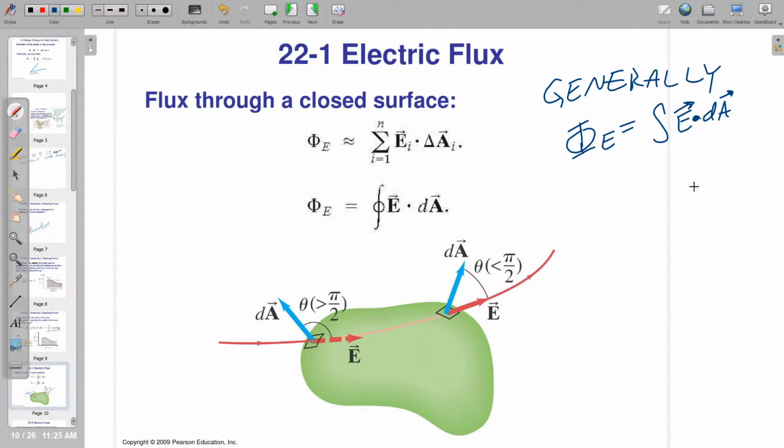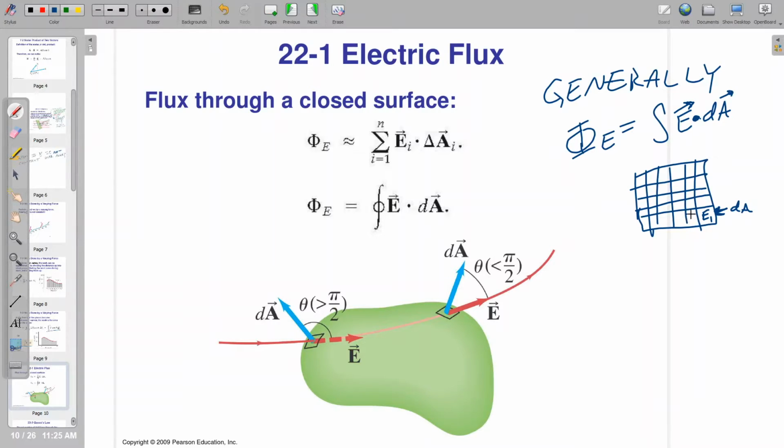But in the case where E changes over different elements of dA, then what you're going to have to do is take this area, divide it up into tiny little pieces, and take the dot product between the electric field in this single part with the area element dA that makes up this tiny square.